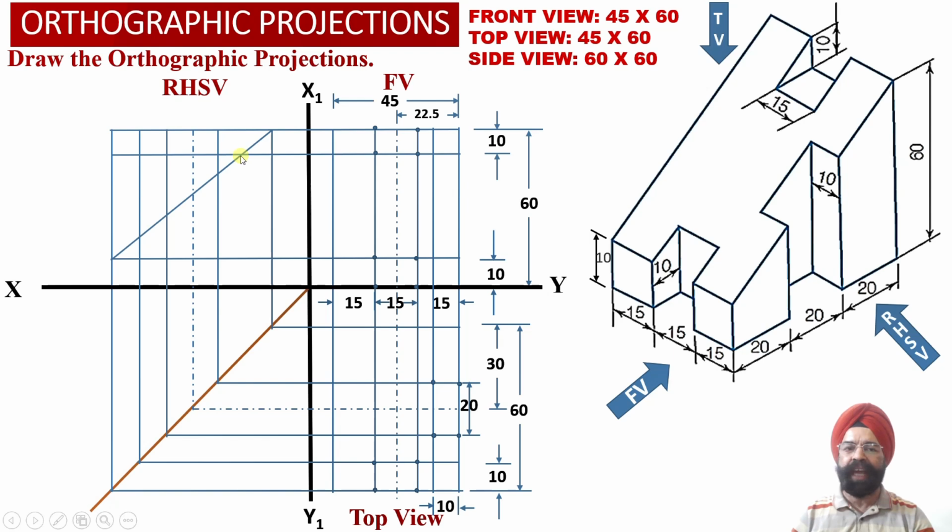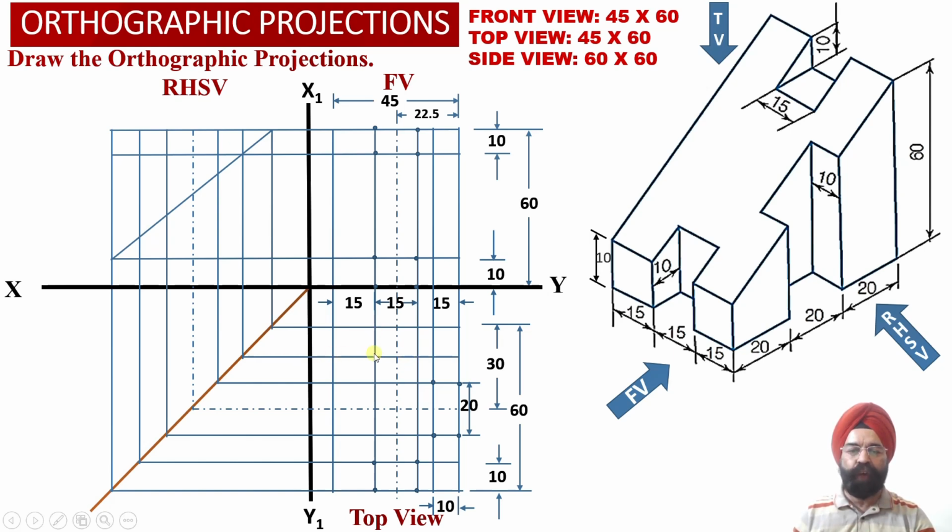So now this depth in the right hand side view will be transferred from this intersection point into the top view orthographic projections over here. So from this intersection point we have to take a vertical projector line into the right hand side view orthographic projections, and this vertical projector line we are required to transfer using this transfer line into the top view orthographic projections over here.